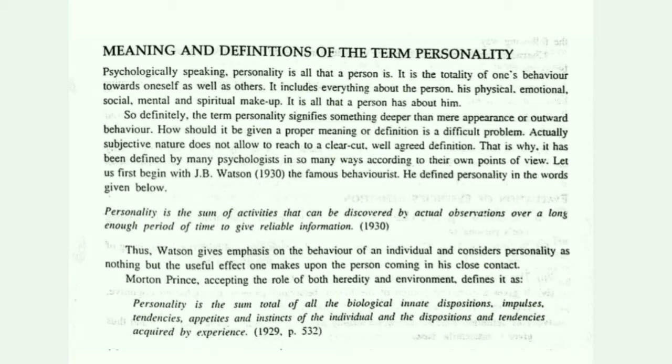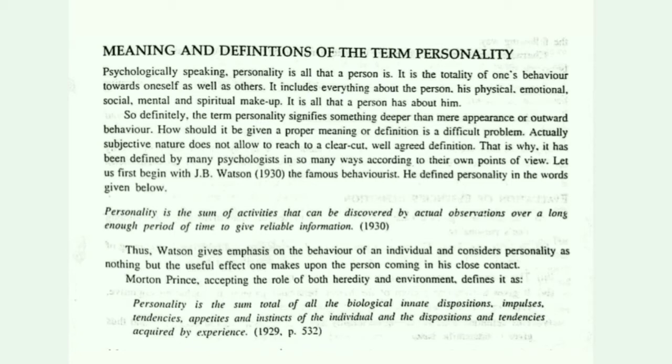So let us see the definition of J.B. Watson. Personality is the sum of activities that can be discovered by actual observations over a long enough period of time to give reliable information. To comment on a person about his personality, we have to observe that person for a long period of time.